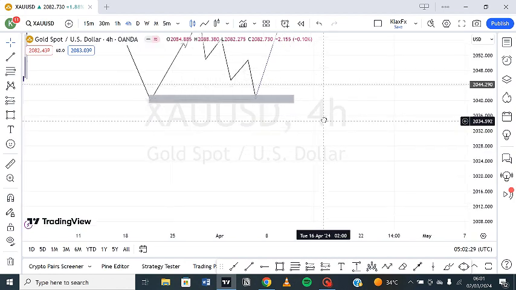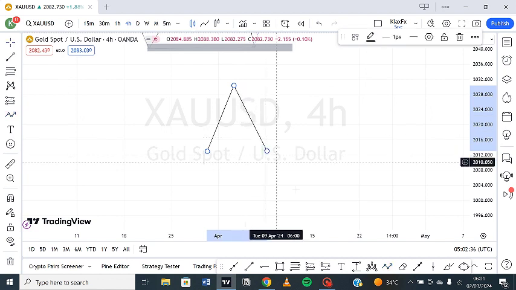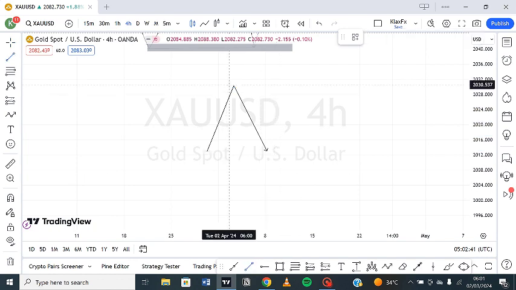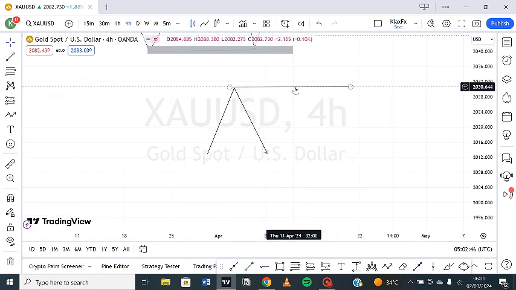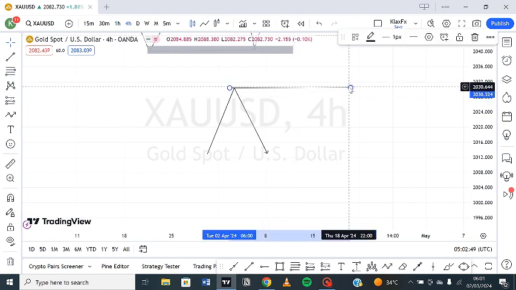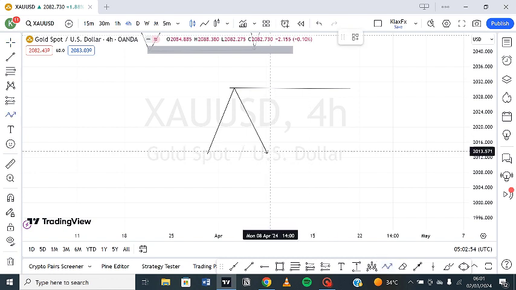Then for the A top, you have something like this coming down. As you already know from the other one, the SnR will be at the top of this place, which is here. So this becomes your SnR. So what will happen if the market comes back to this point?